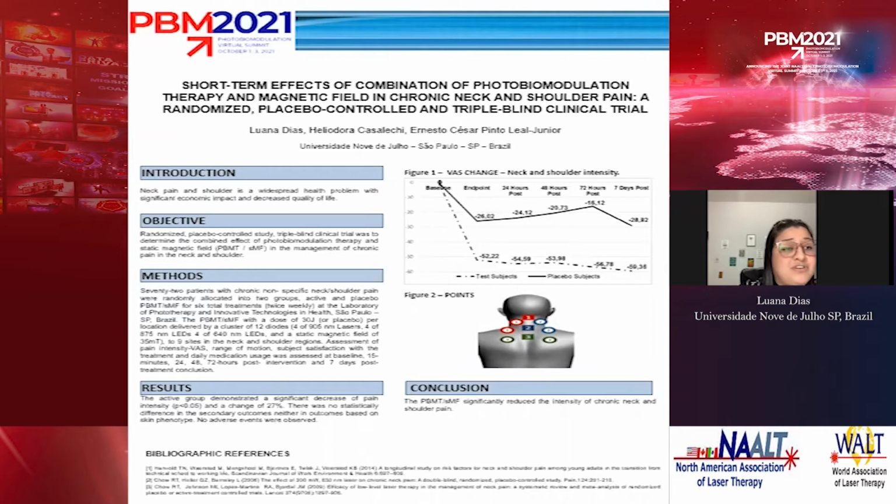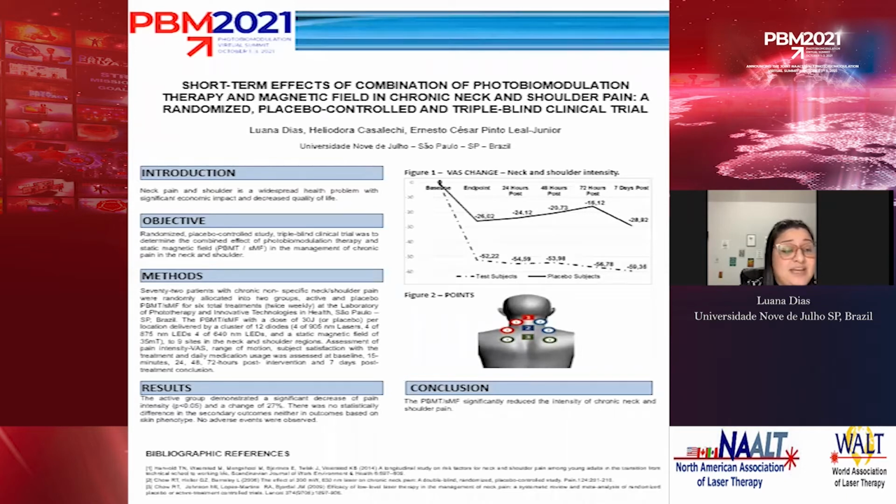PBMT-SMF was given for 6 total treatments, twice weekly. The photobiomodulation therapy and static magnetic field, with a dose of 30 joules or placebo per location, was delivered by a cluster of 12 joules: 4 of 905 nanometer lasers, 4 of 875 nanometer LEDs, 4 of 640 nanometer LEDs, and a static magnetic field of 35 millitesla, to 9 sites in the neck and shoulder regions.